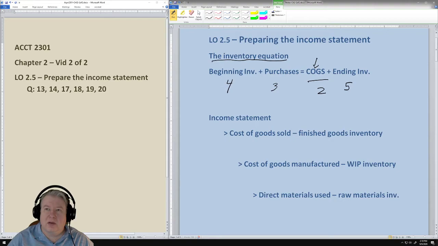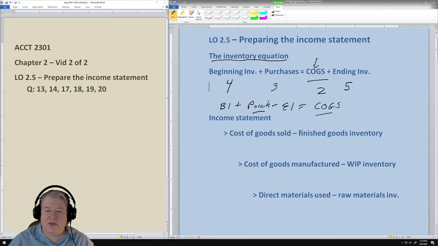So we will reconfigure this to say beginning inventory plus purchases minus ending inventory will be our cost of goods sold. We shouldn't be too focused on the words purchasing and COGS.